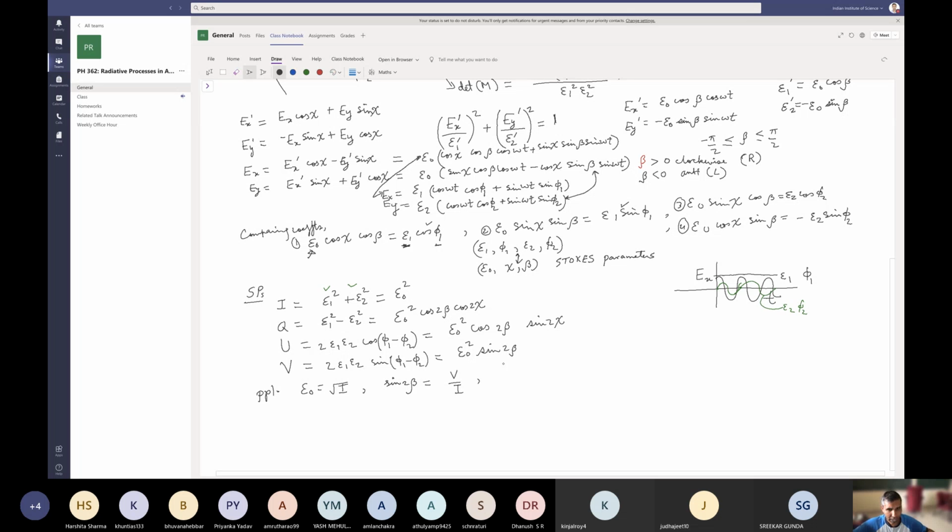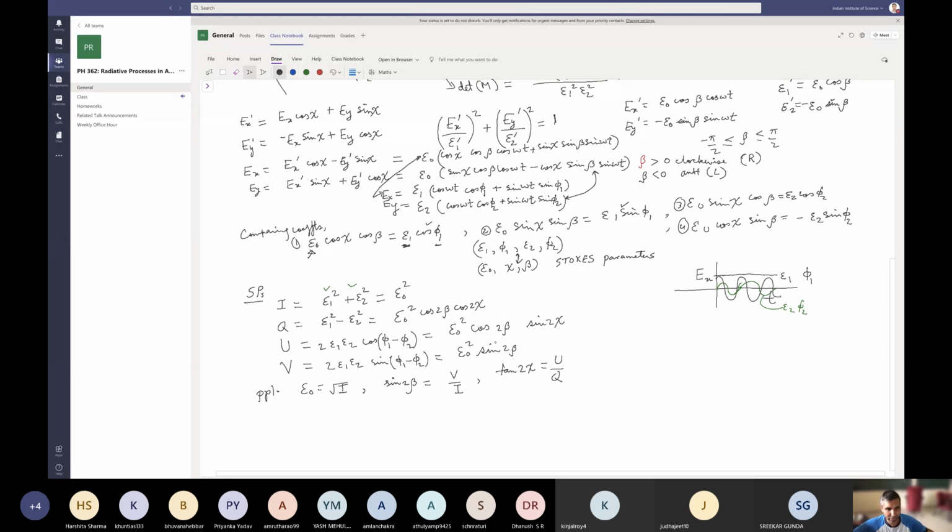Similarly, tan 2 chi is equal to U by Q. So from your lab frame quantities, from your general orientation, you have measured epsilon 1, epsilon 2, phi 1, phi 2, and after calculating I, Q, U, and V, just by using these relations, you are able to calculate epsilon naught, beta, and chi, everything that you needed in order to go from xy to x prime, y prime, the principal axes.